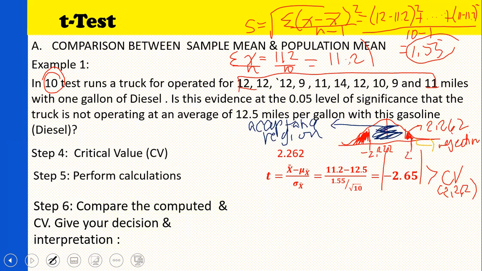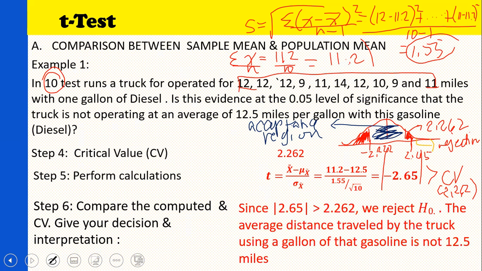So it falls under the rejection. Therefore, we're going to reject our null hypothesis. Since 2.65 is greater than the critical value, we will reject H0. Therefore, the average distance traveled by the truck using a gallon of that gasoline is not 12.5 miles.